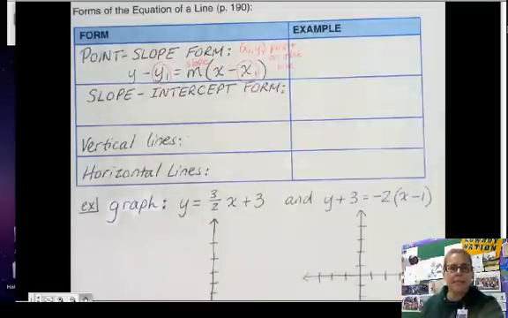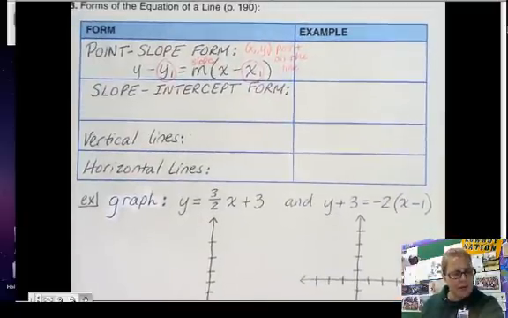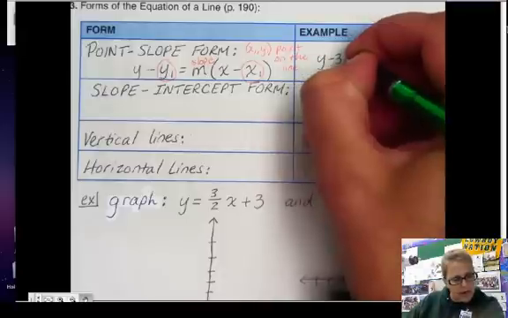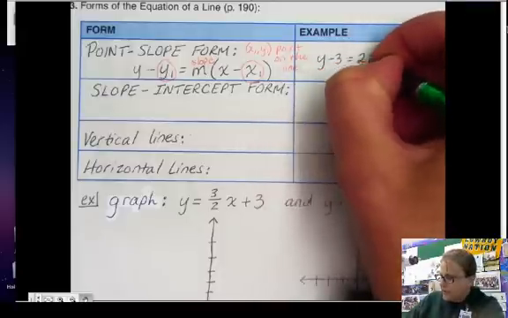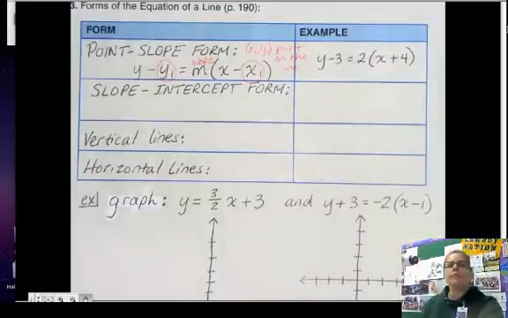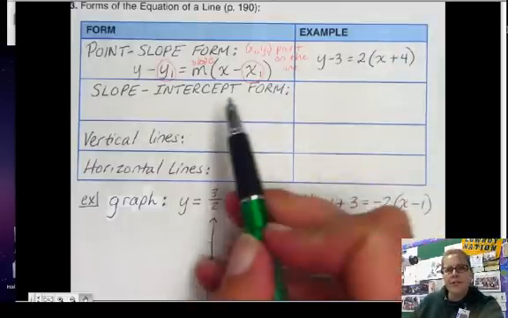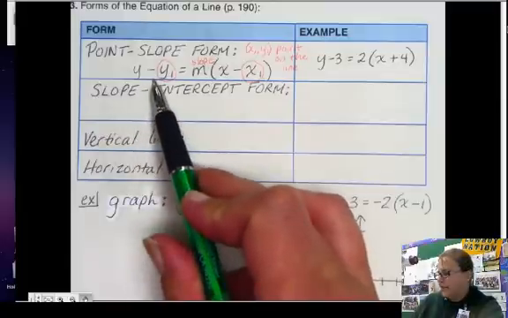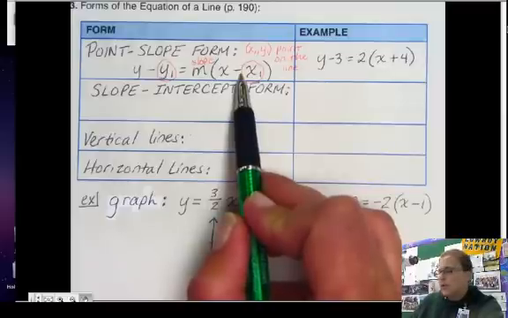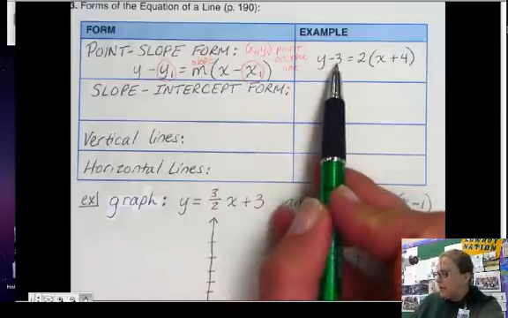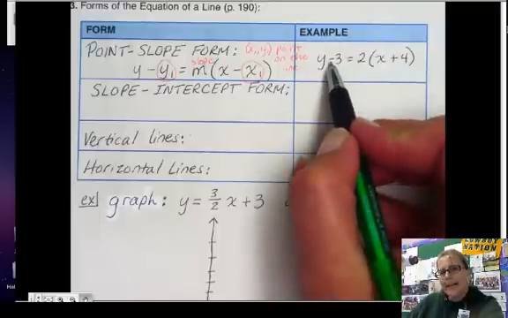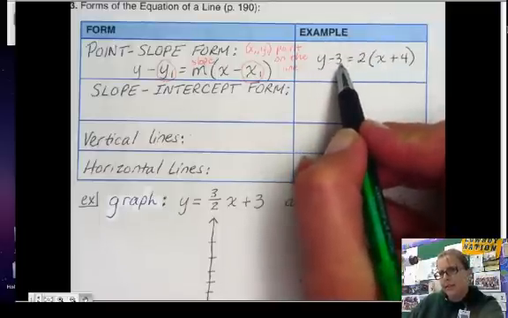Okay, so for example, let's write an example next to it. We have, let's do y minus 3 equals 2 parentheses x plus 4. So you'll notice that my first equation here has negatives here, it has a minus here and a minus here. So that means that my point on the line is not negative 3, it's just positive 3.